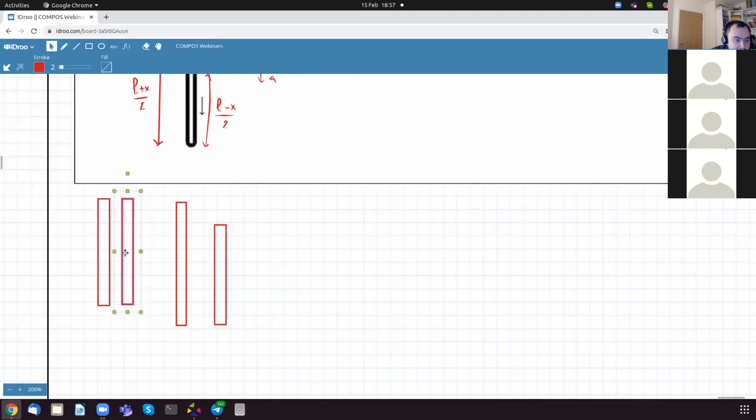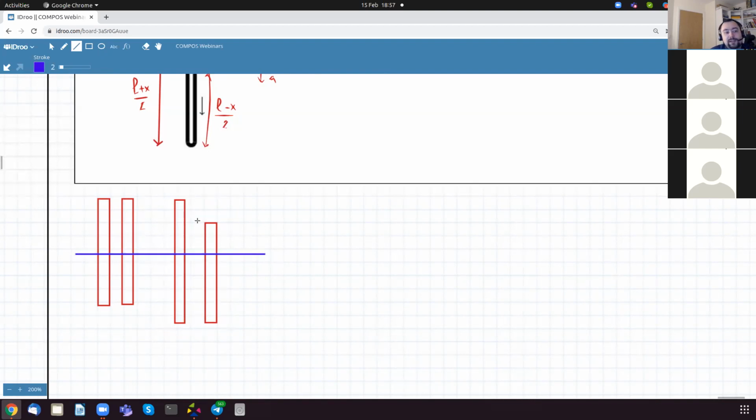Let's say that this is where the center of mass was initially. This is the initial position of the center of mass of the rope. And this is the ceiling, of course.